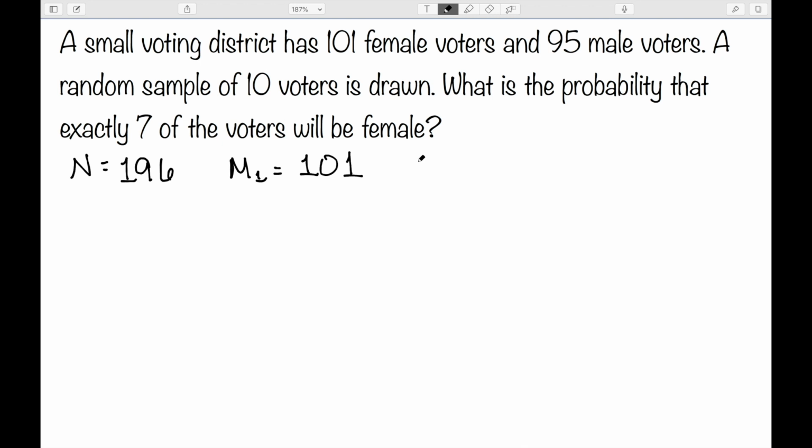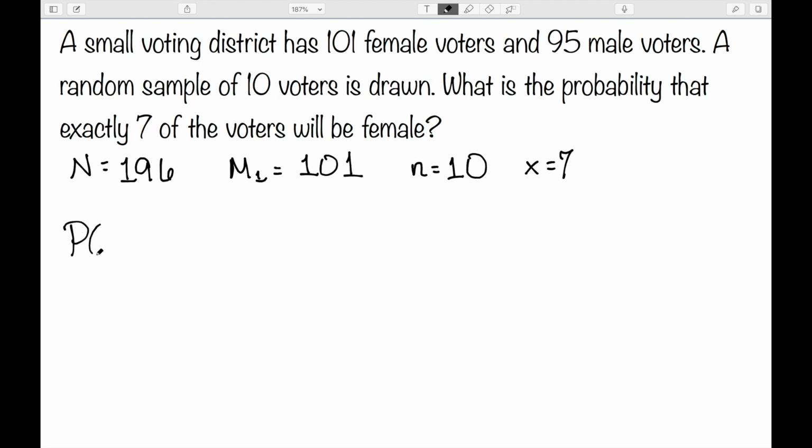And we want the probability that exactly 7 will be female out of a total of 10. So my little n is equal to 10, and x is equal to 7, since this is the total number of people that I'm going to look at, and 7 is the number that I want to be female.